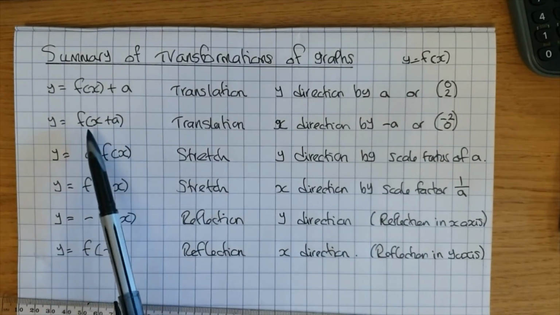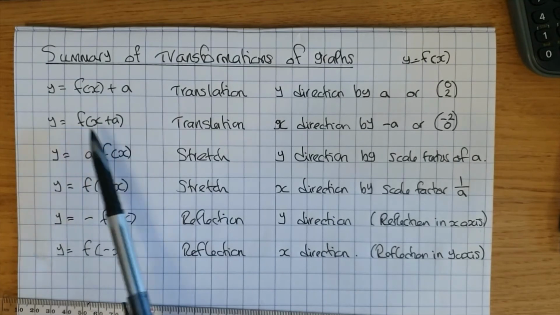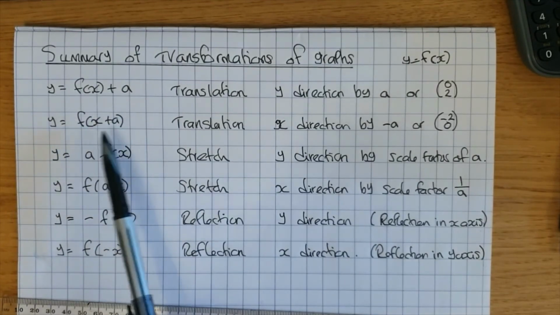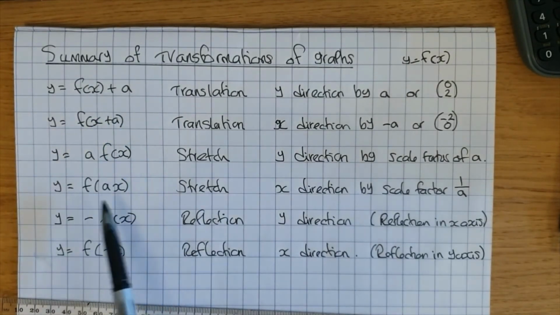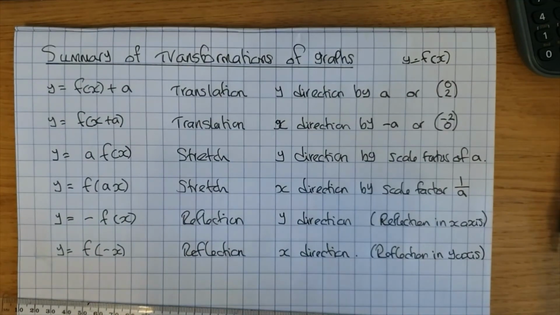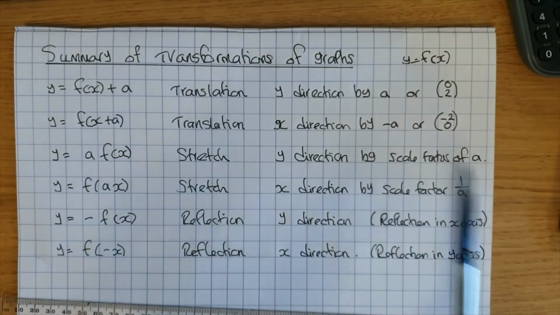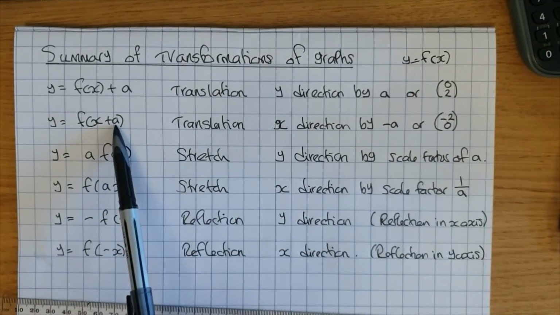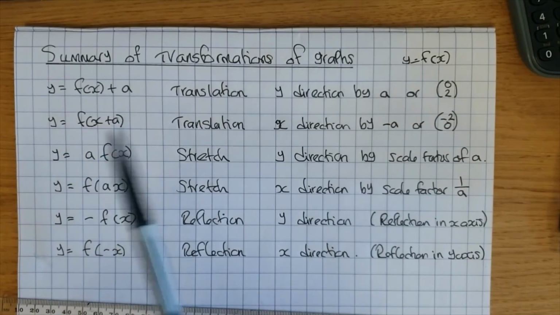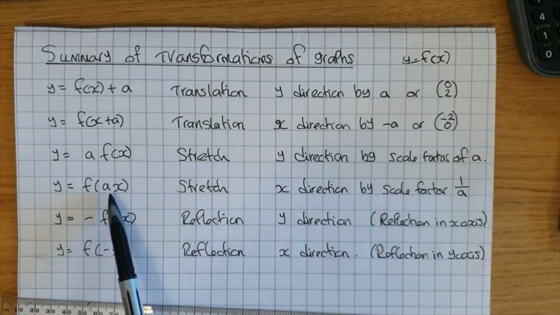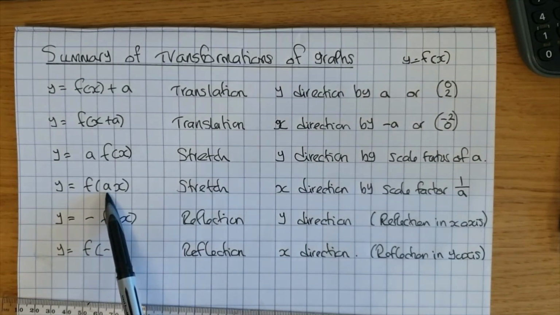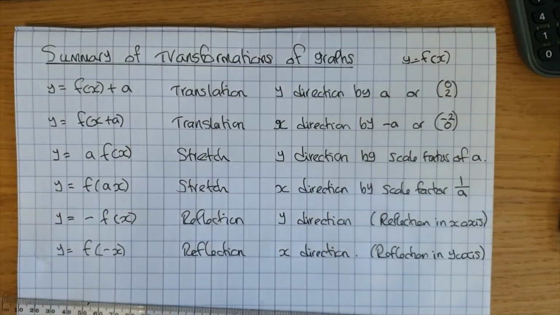If it's inside the function, f of x plus a, where it's x plus a all inside the function, or the multiplier ax is inside the function, or the negative is inside the function, it's in the x direction, and it will do the opposite of what you expect. In other words, rather than going 2 places to the right, it will go 2 places to the left. Rather than being a stretch of scale factor 2, it will be a stretch of scale factor 1/2 in the x direction. That's all you need to know.